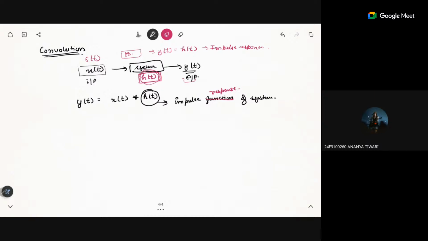Now you understood this convolution operation. If there's some function x of t, you know h of t, you do the convolution operation and you get y of t. But how to do this convolution operation?